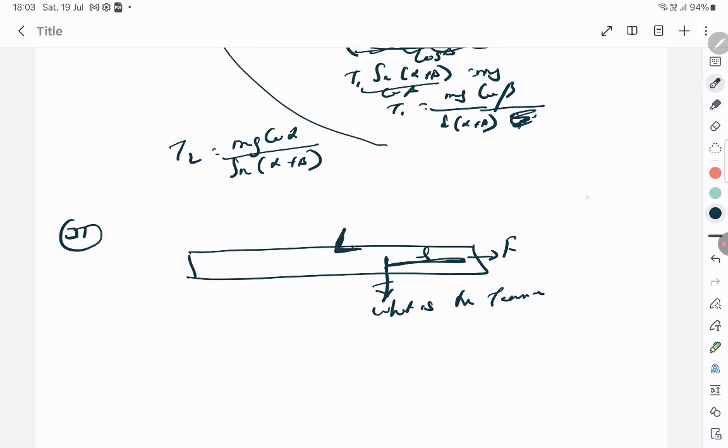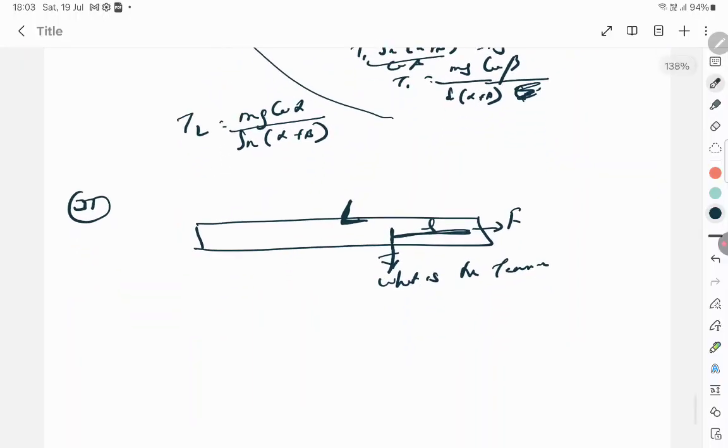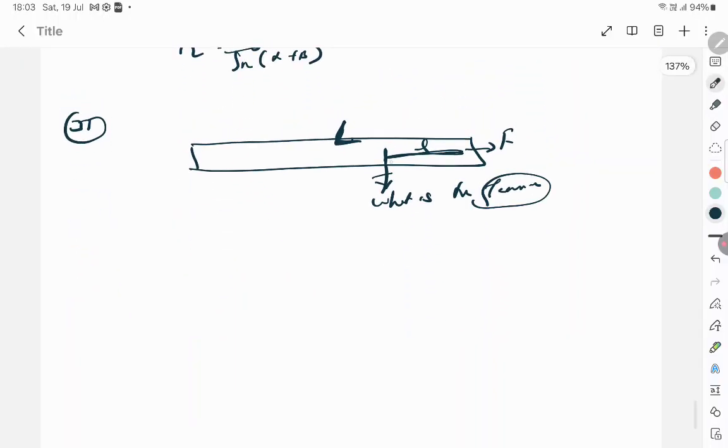You know the mass of this entire thing has not been given. What is the tension at this point is the question. When you're pulling it towards the right side, the tension at this point will be contributed only by this mass m dash, not by the whole mass.